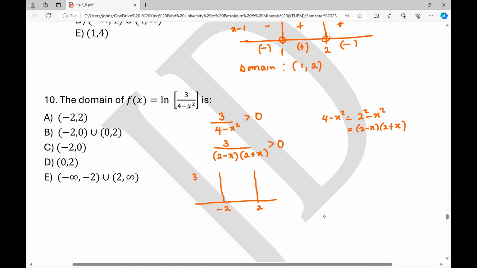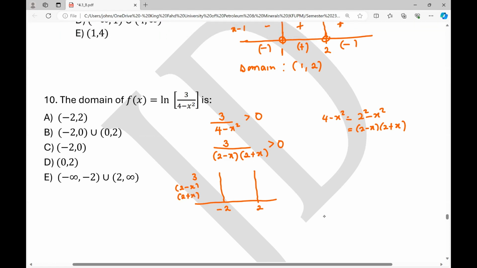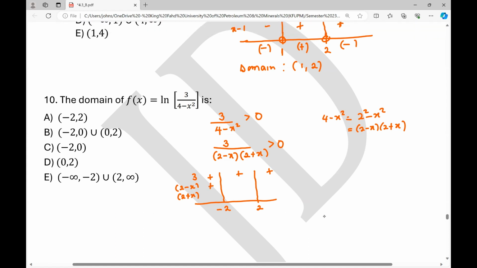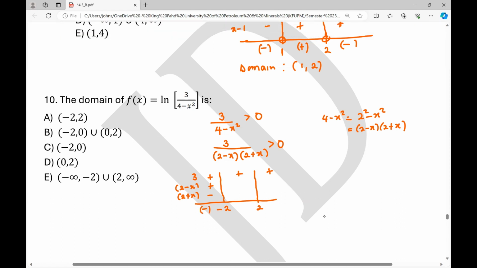Let's put our factors. This is just 3, then 2 minus x, 2 plus x. The 3 is always positive, so it won't have any effect. If you take a number between minus infinity and minus 2, let's take minus 3, this will be positive, but this will be negative, so eventually we will have negative. Between minus 2 and 2, we can take 0.